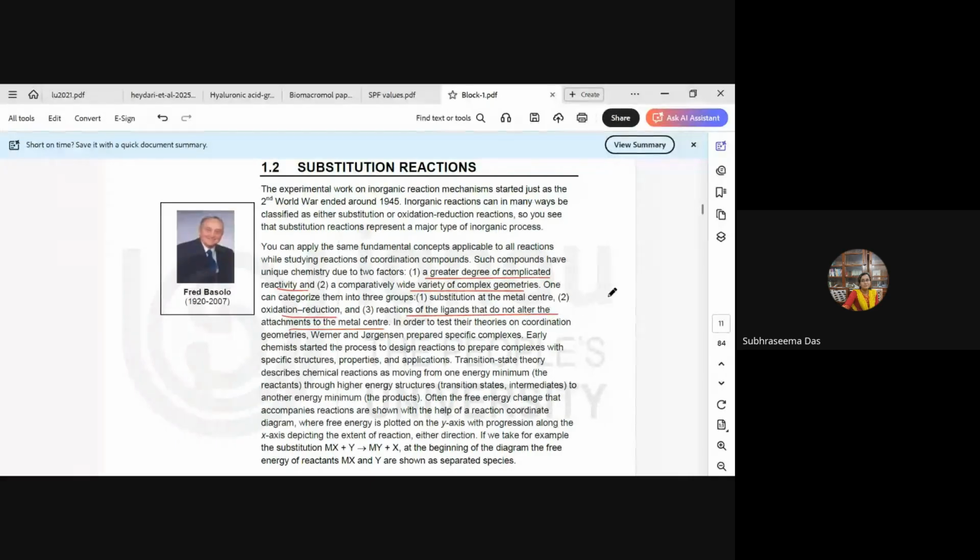The transition state theory describes chemical reactions as moving from one energy minimum, through higher energy structures, that we call the intermediates, to finally form the lower energy products. We know this is generally how a reaction proceeds.